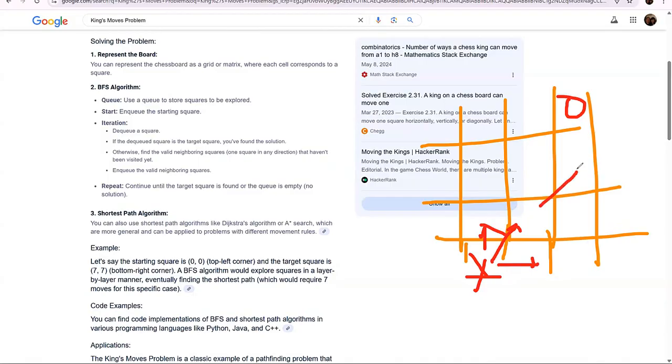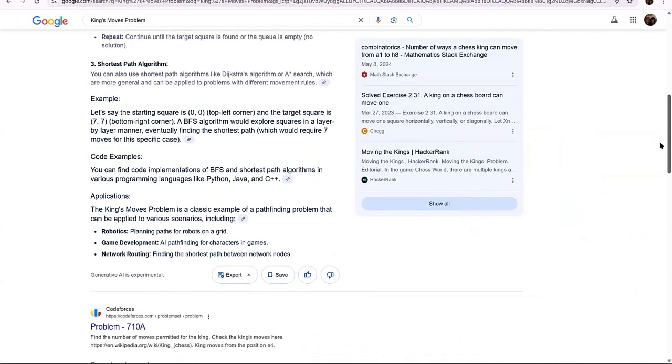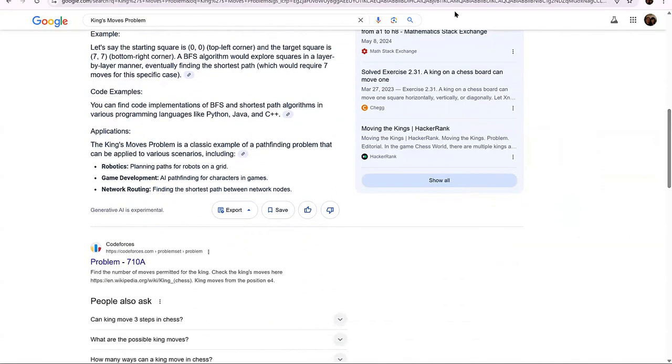But some of them are not a legal move, and some of them are a legal move. So it's not only a shortest path algorithm, you also need to be based on the rules of the chessboard. Some of the locations you cannot go. So this one actually is a robotics problem, a game design solution.